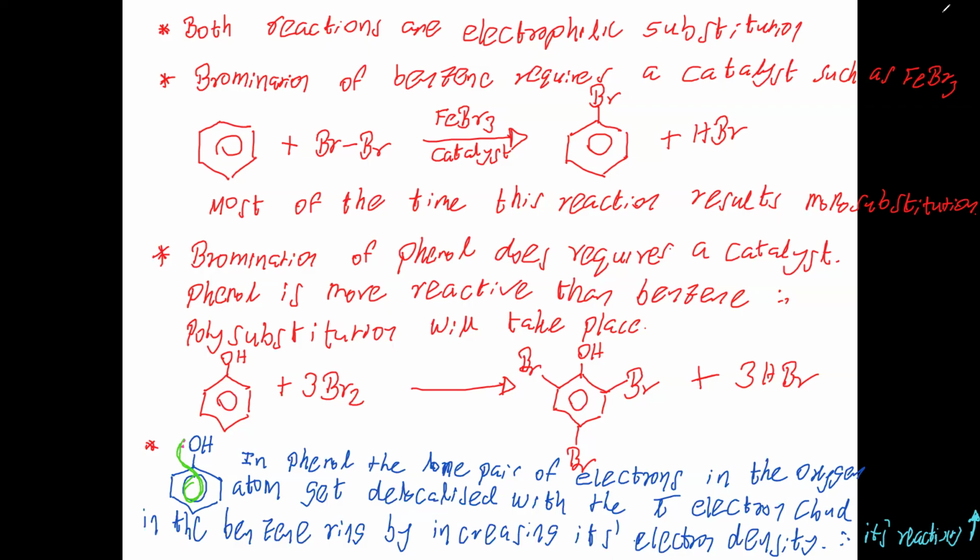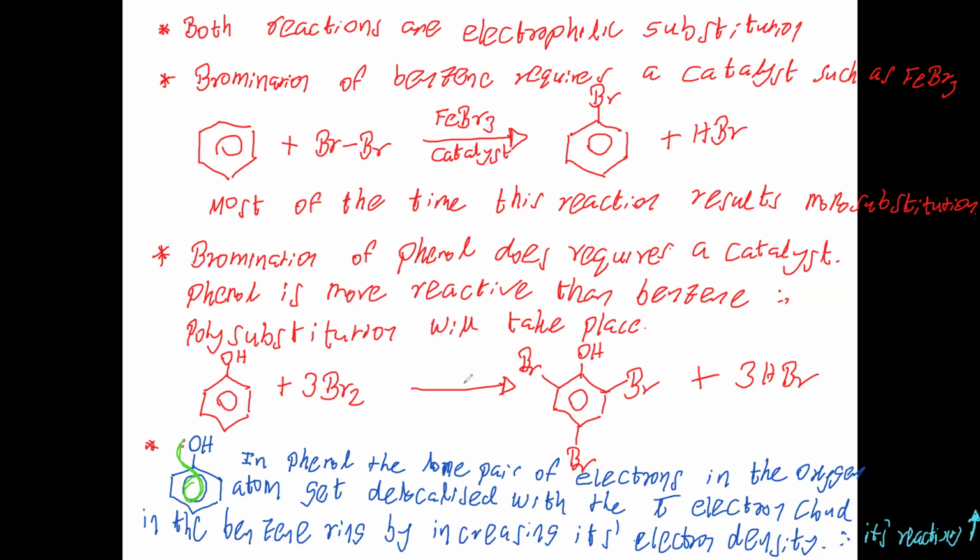So first we wrote that both reactions are electrophilic substitution reactions. Then we read that bromination of benzene requires a catalyst such as FeBr3. So then I wrote the reaction, and I said that most of the time this reaction results in monosubstitution. Then I said that bromination of phenol does not require a catalyst, and phenol is more reactive than benzene, therefore polysubstitution will take place.